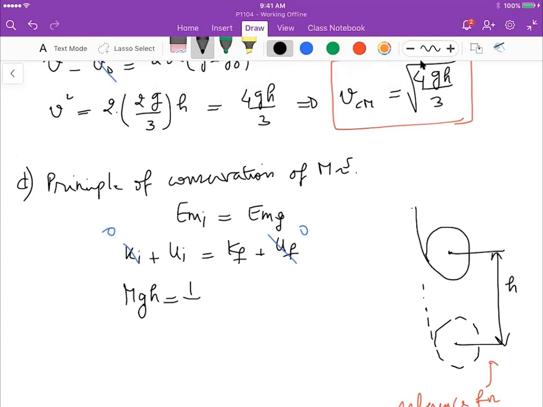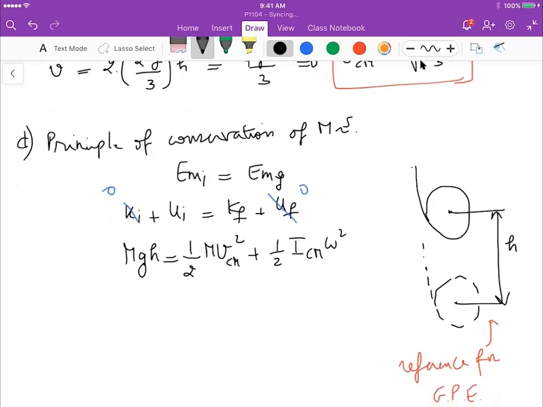In the final position we had kinetic energy for rolling motion. So we have both kinetic energy for the translation part and kinetic energy for the rotation part. So we had half m v center of mass squared plus half I center of mass times omega squared, right?